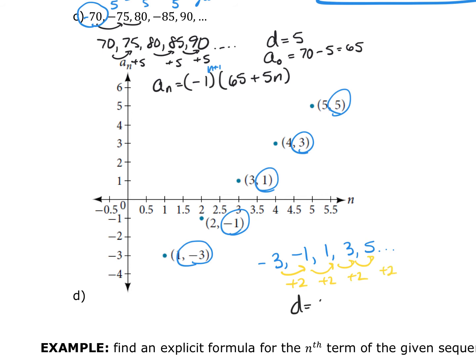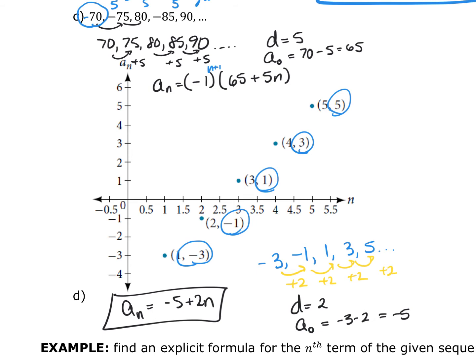Therefore, I have d is equal to 2. My a sub naught is going to be -3 minus 2, which is -5. So my closed or explicit formula is going to be -5 plus 2n, and there is that one.